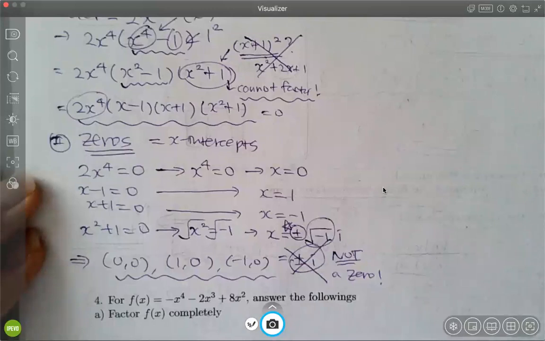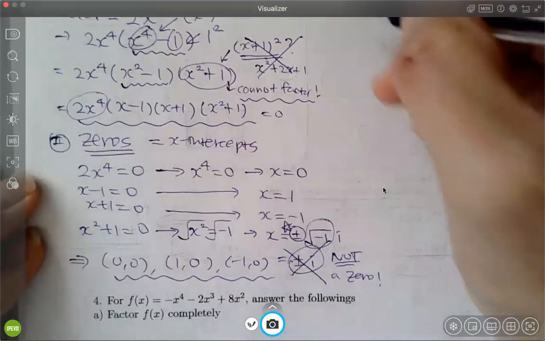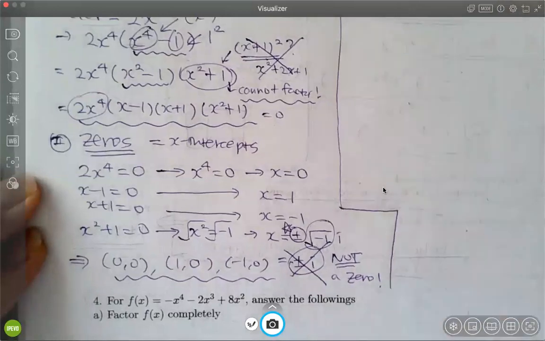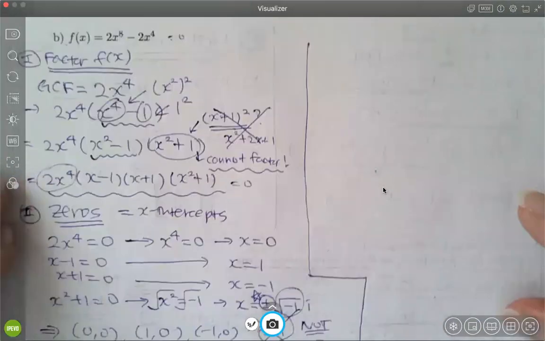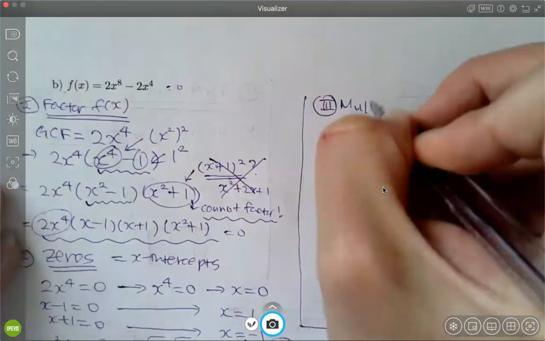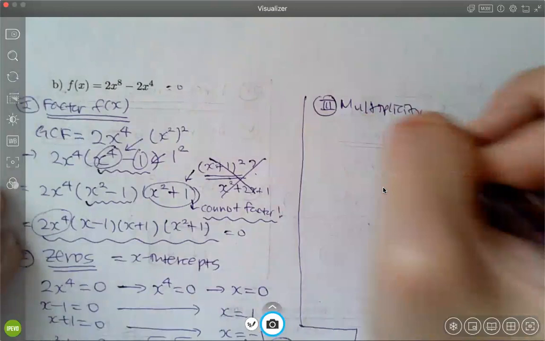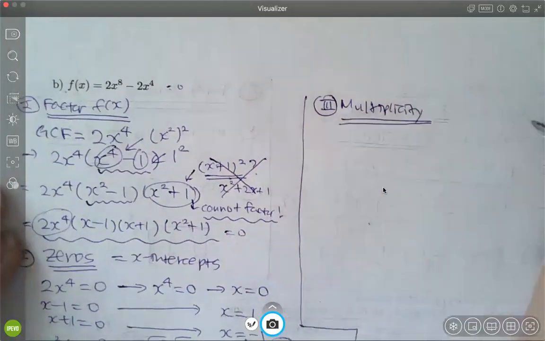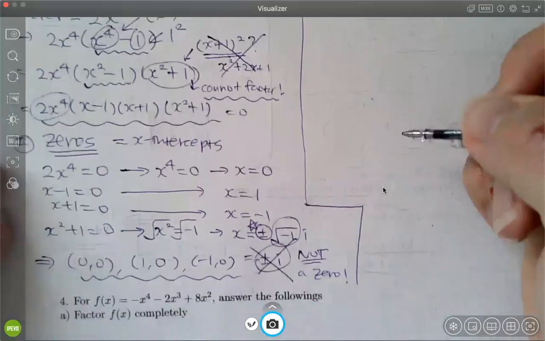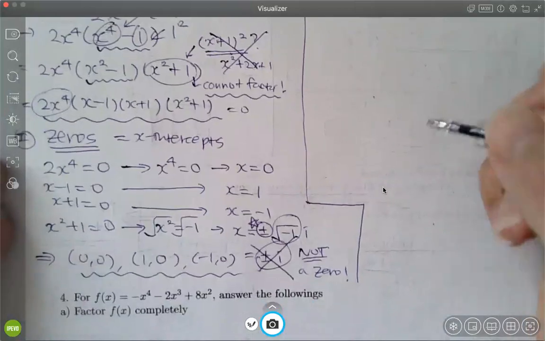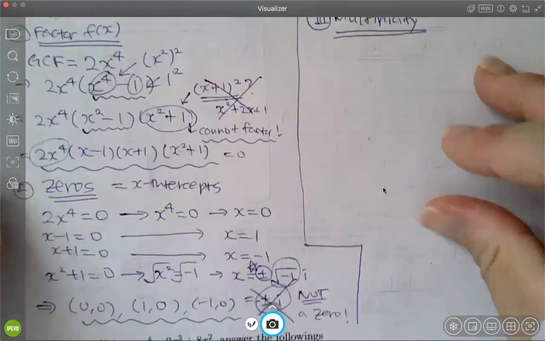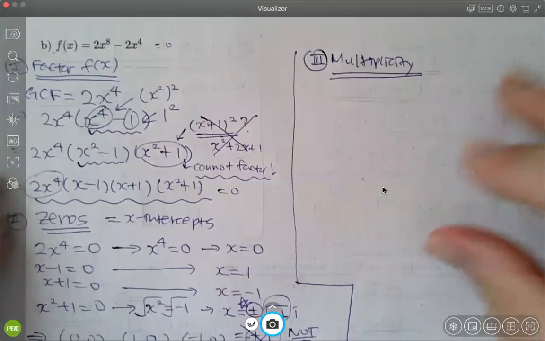So now let's find the multiplicities. So multiplicity. Remember, how do we find the multiplicity? We have to find the multiplicity of 0, 1, and -1, the 3 zeros. So let's start with the 0.